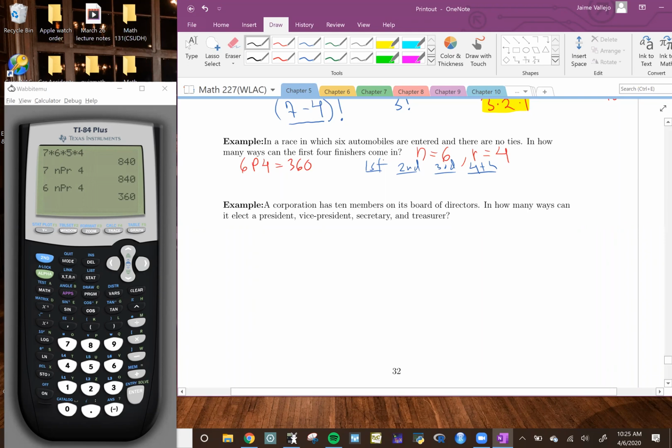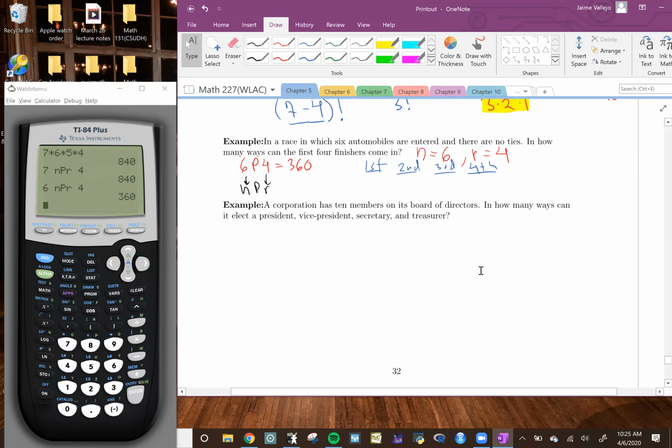Why do we write it as 6P4 instead of 6 nPr 4? Because in the calculator it has nPr, but the n is 6 and r is 4. So I'm just replacing that. Okay.